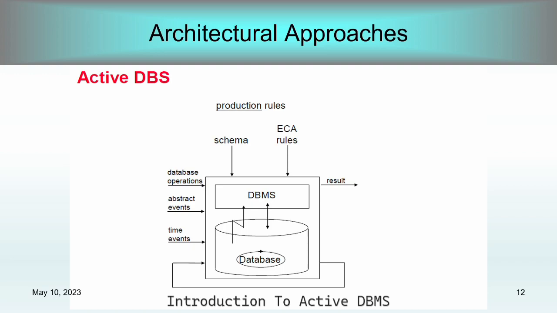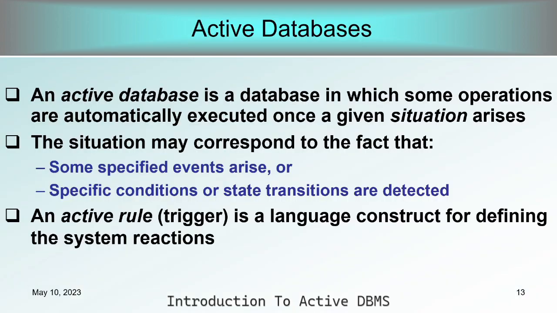The production rules are defined, and once the ECA rules are defined based on certain triggering events and conditions, you could see the results getting generated. So we can summarize an active DBMS as a database in which some operations are automatically executed once a given situation arises.